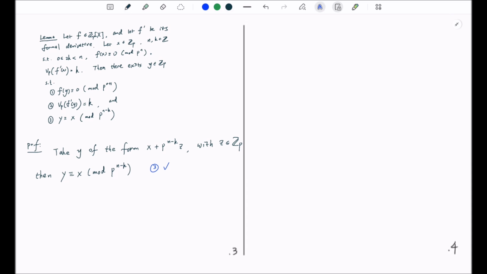And to this end, we are going to use the idea of Taylor expansion. We'll take advantage of this construction that y is x plus something. And we will do a Taylor expansion around x with radius this much.